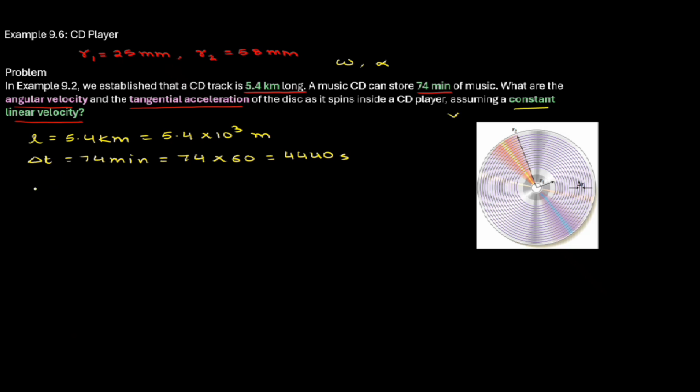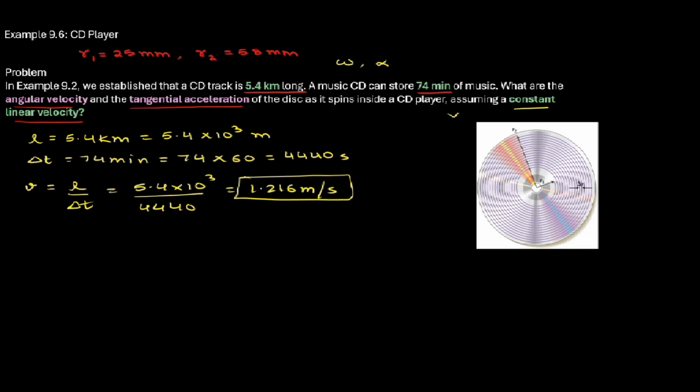Using these two values, we can calculate the linear velocity v as length over delta t, which is equal to 5.4 times 10 to the power 3 divided by the time 4,440 seconds. And when you solve this, you get the linear speed of the disk to be equal to 1.216 meter per second.